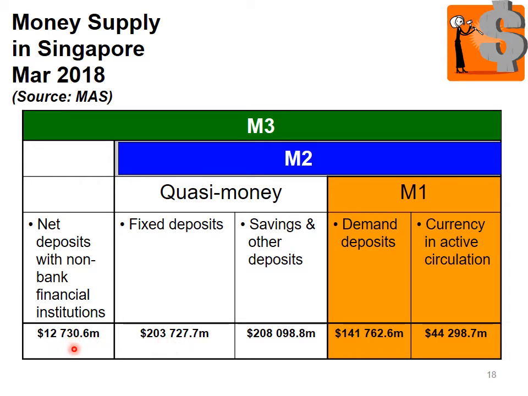You can see that the cash amount circulating in the economy is actually not so large. The accounts are actually financing a lot of our money supply. And there's actually not a lot of net deposits with non-bank financial institutions either. The chunk of money supply lies with all the accounts under quasi money.